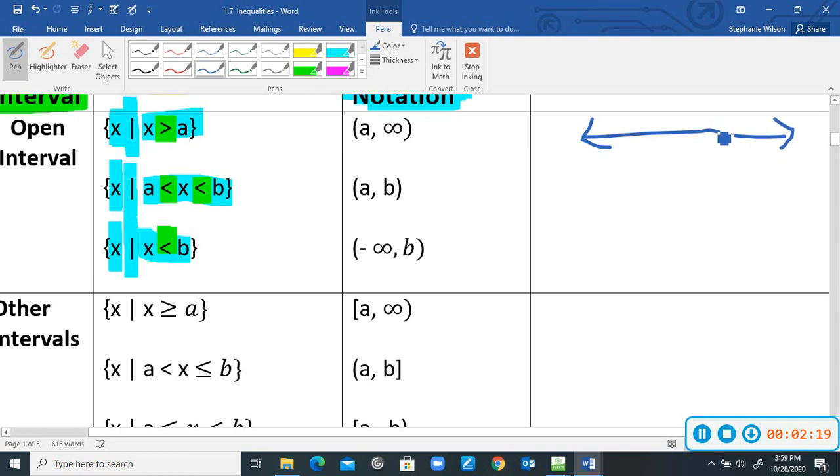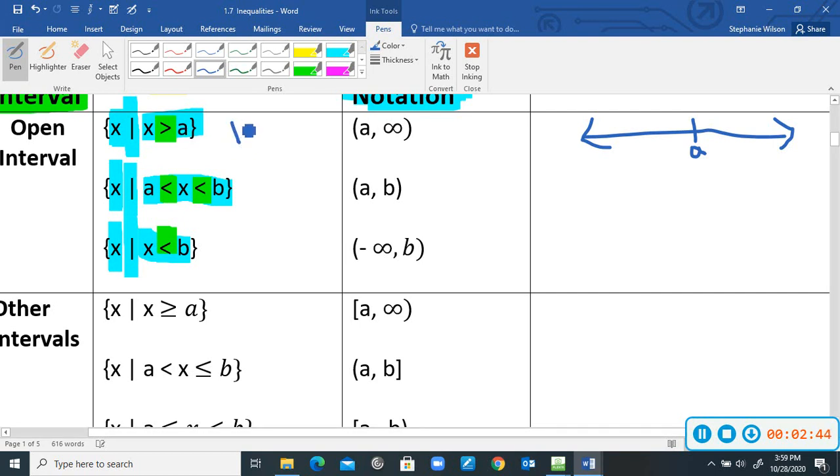And my number lines are just a little wavy, but y'all kind of get the point. I'm going to put 0 in the middle. And we don't know what the value of a is, so I'm actually going to change the 0 and make it an a, just because I don't know what the value of a is. It could be a negative number, a positive number, or it could even be 0. Let's just call it a. And let's read this notation.